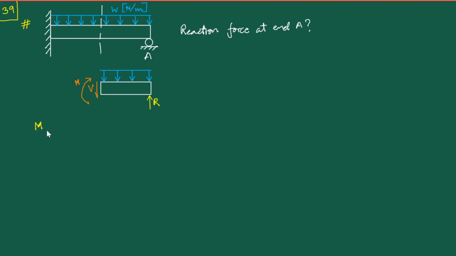Okay, so as before, almost algorithmically, we proceed by first writing the expression for the moment. So this sense is clockwise, and the contribution to the moment due to this reaction force is calculated about an axis which goes through this end. If we consider that this is our x, let me just write that down properly. So we consider our x from this end. So this entire distance is x. So that will contribute Rx, but in a sense which is anti-clockwise. So this is minus Rx.